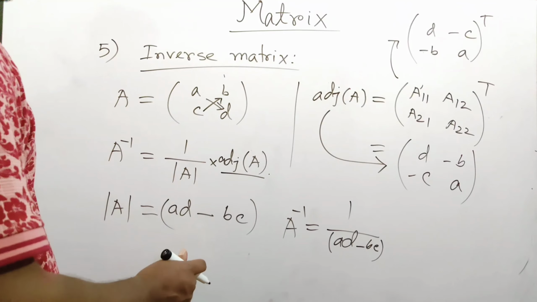So if it is plus, here it is minus, so it is negative C and negative B. So without doing any calculation, that means without finding the adjoint, you can easily find the inverse of this matrix by using this trick. Okay, so now I'll show some examples for finding the inverse of this matrix.